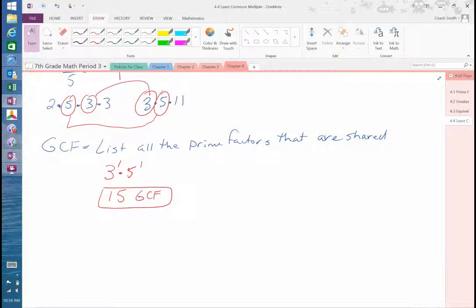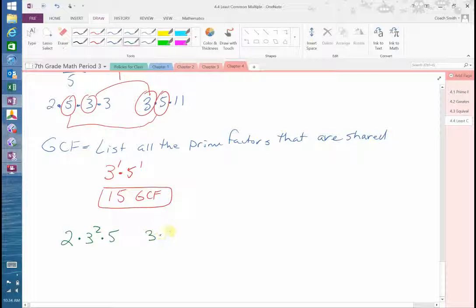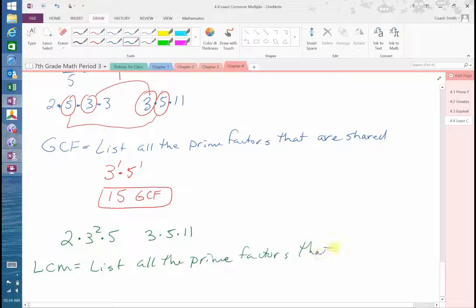Now, I'm going to relist my prime factorization of the two numbers for LCM. Okay, so for LCM, we list all the prime factors that were used in each prime factorization.